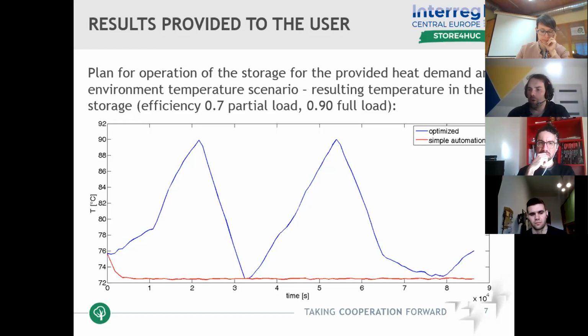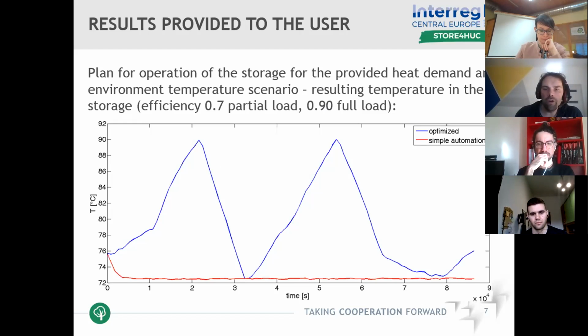But of course, the optimization weighs these two. It takes care how much you are losing through the connection of the storage with the environment, through the isolation of the storage, and how much you gain in efficiency if you run the heat sources at full load, for instance.